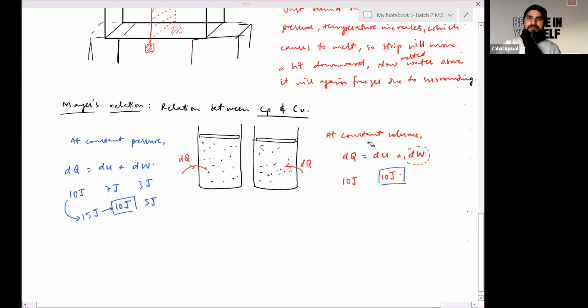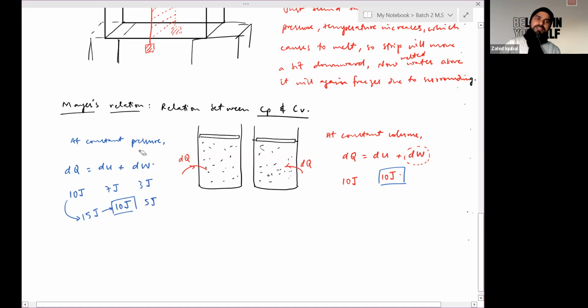In right hand side, I'm taking constant volume. So if you supply heat to this particular system, this entire heat will get converted into internal energy since there will be no work done, since volume is constant. So if you have applied 10 joule, this entire 10 joule will convert into internal energy.